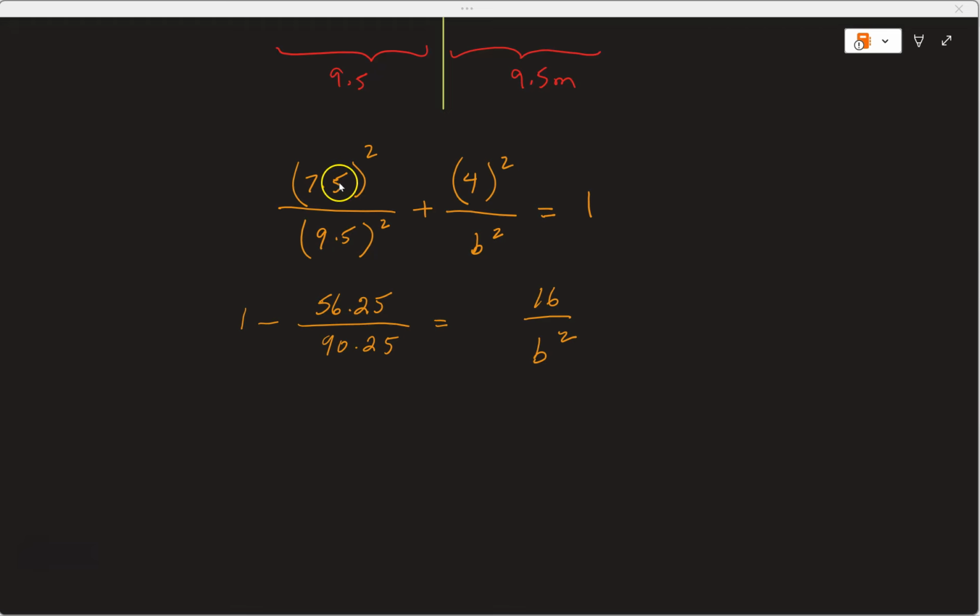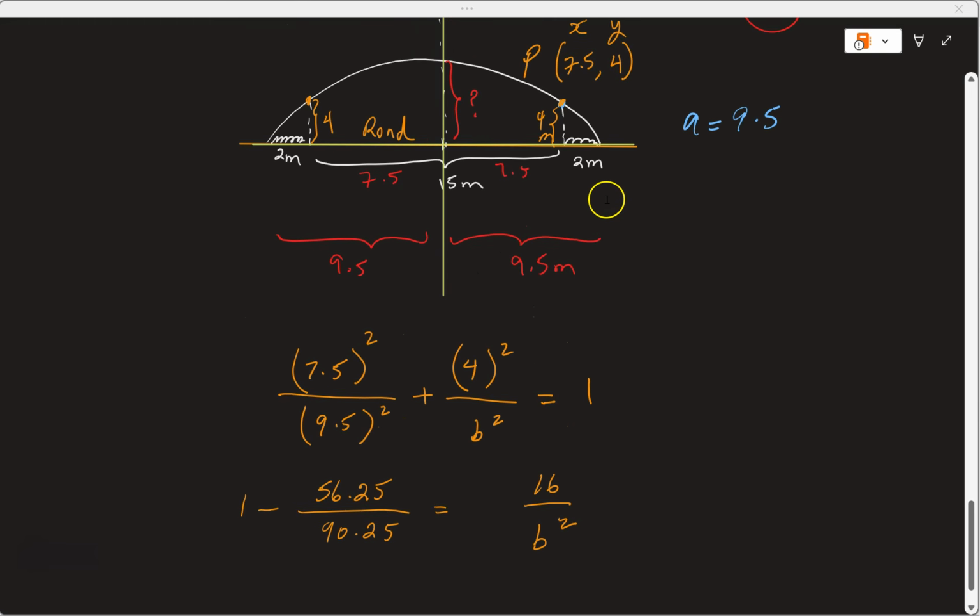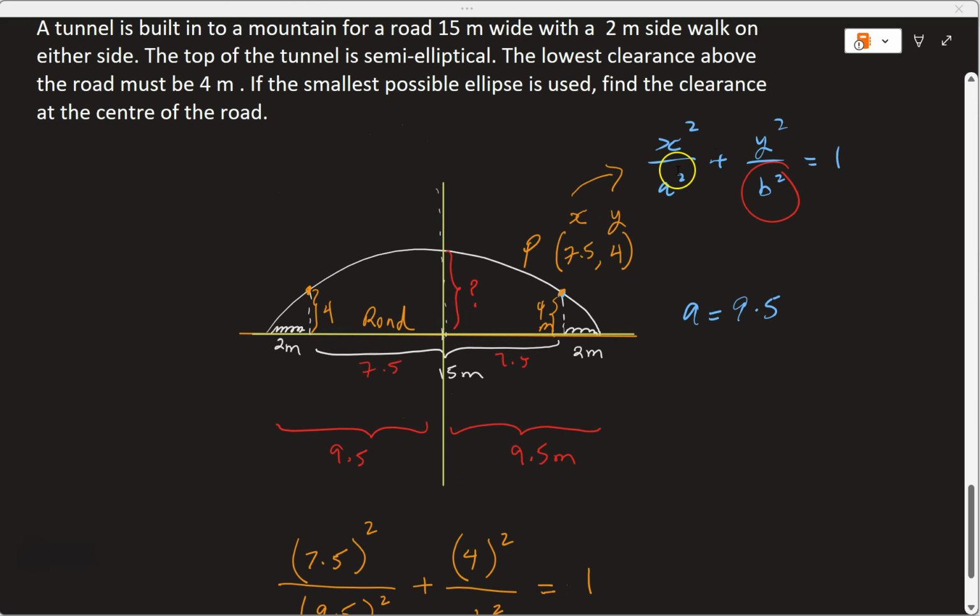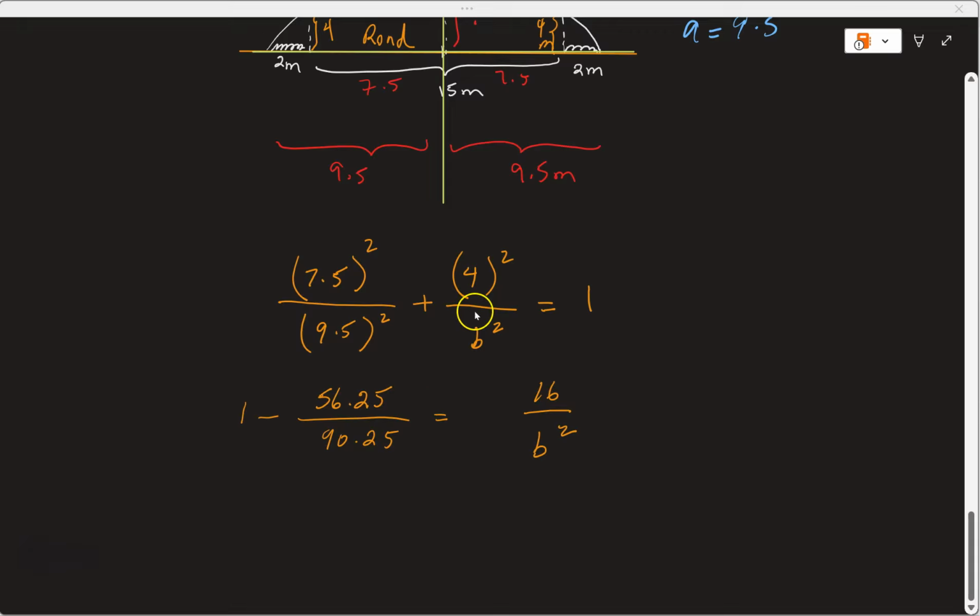When you write it up, you get this, which is basically the standard form. I just replaced x, y, and a with the values that I have: a is 9.5, x is 7.5, and y is 4. Plug the numbers in, and then you want to solve for b squared. So isolate this fraction first: 1 minus this, and 7.5 squared gives you this value, 9.5 squared gives you this value.